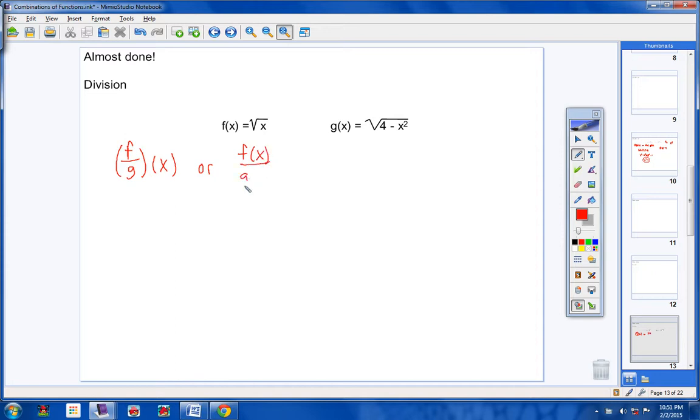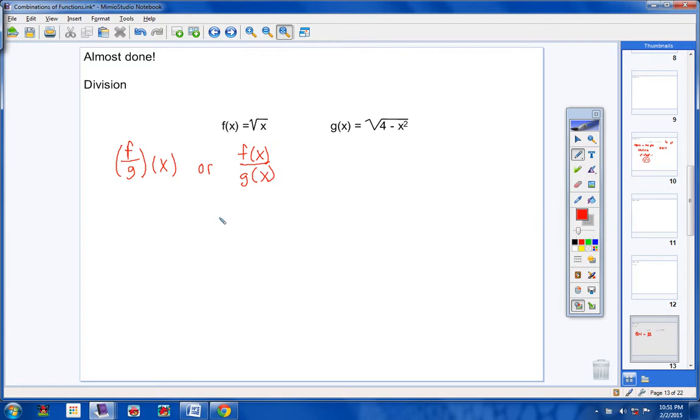Now you do understand, students, that order when it comes to division does matter. So f of x divided by g of x is not the same thing as g of x divided by f of x, okay? Do understand that? Okay? Alright, moving on. Now, let's go ahead and divide some functions.